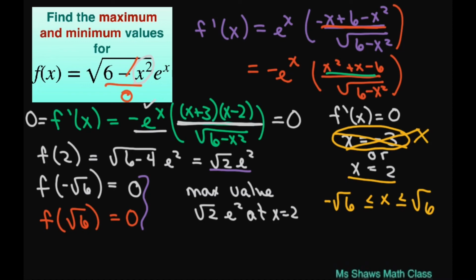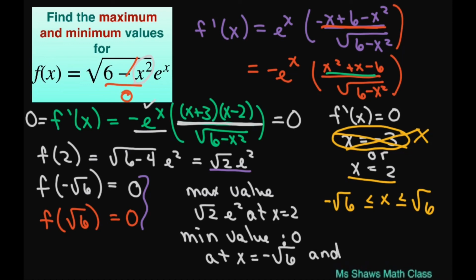And you have one minimum value, and that is 0, but it occurs at x equals negative square root of 6 and x equals square root of 6. And this is how you would write your answer, something to this effect.